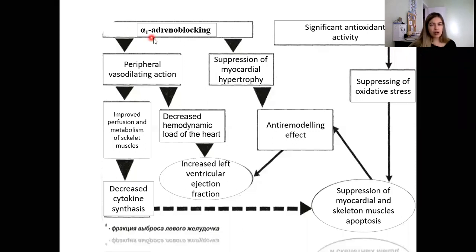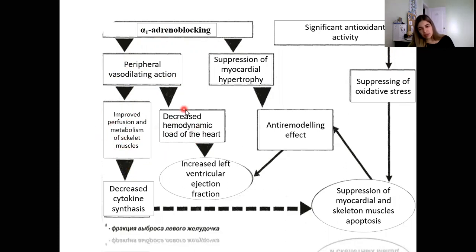By blocking alpha-1 adrenoreceptors, we have a peripheral vasodilating action. Why? Because alpha receptors stimulate the contraction of vessels. If you block them, there will be no contraction, so they will dilate. So it will be a vasodilating action, which leads to improved perfusion and metabolism of skeletal muscles, and decreased hemodynamic load of the heart.